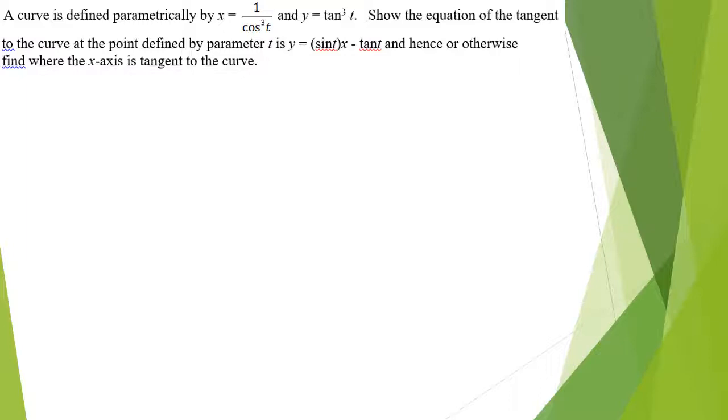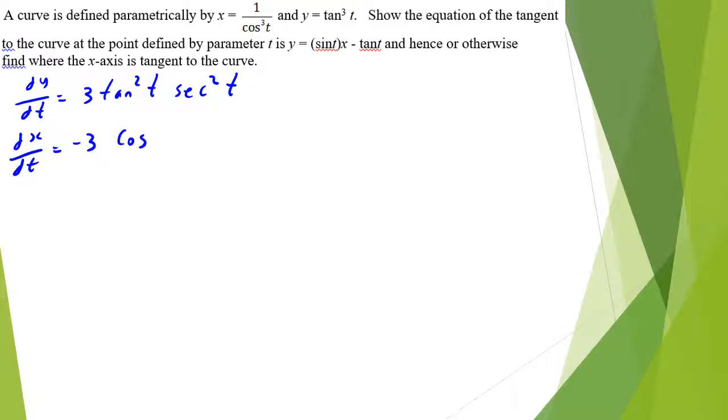Now the next question is another parametric equation. So I will find the dy over dt first, which is 3 tan square t sec square t, and the dx over dt is equal to 3 cosine to the power of negative 4 t, because it's negative 3 minus 1, multiplied by the coefficient, the differentiation of the cosine, which is negative sine, so that becomes positive sine t.